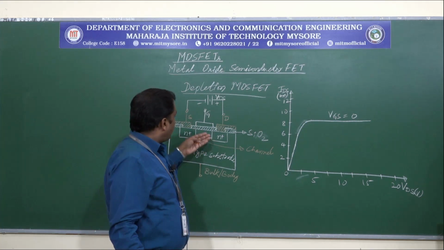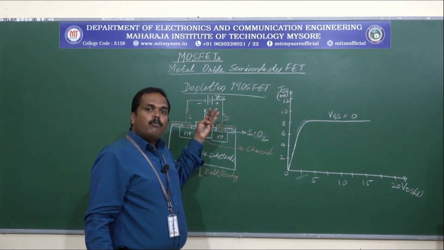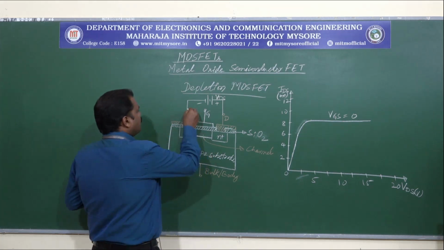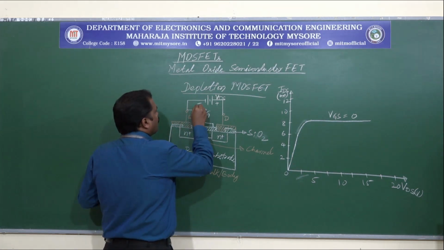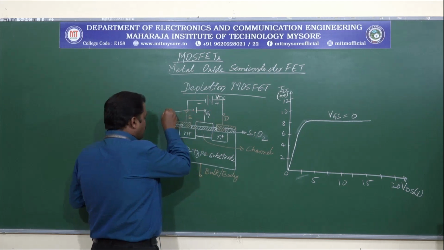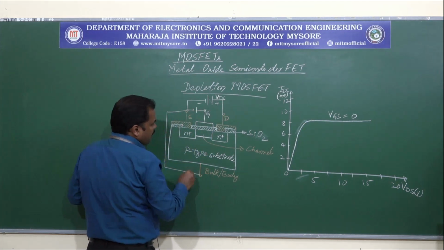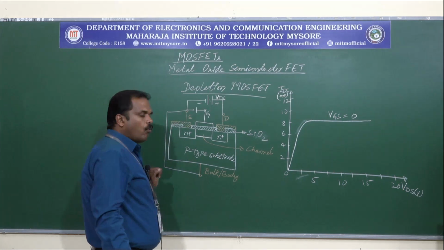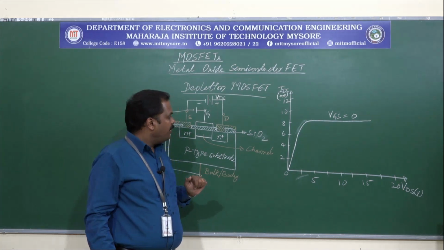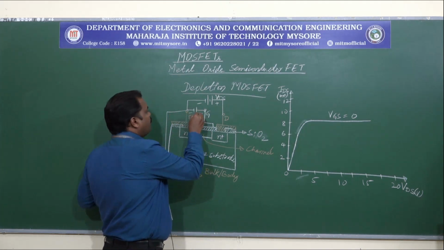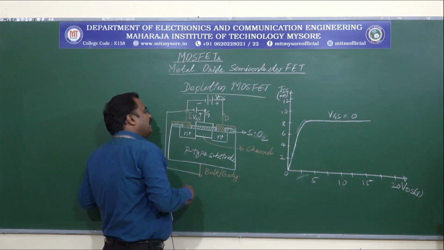Now what if I apply a positive gate to source voltage? If I apply some positive gate to source voltage, make sure that the substrate is also connected to the voltage held at the source terminal. Now if I apply some positive VGS, then what happens?